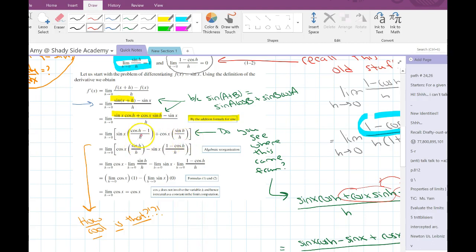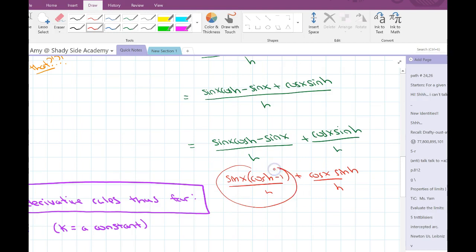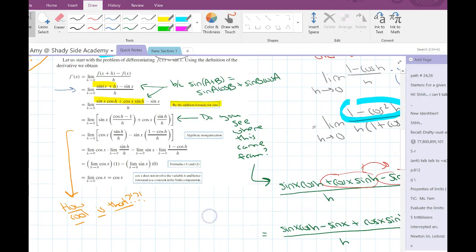Okay? I think the only difference here is that, see how I wrote it this way? This is, again, algebra and arithmetic, everyone. This is the same thing as just sine x times cos of h minus 1 all over h, because multiplying fractions, you don't need a common denominator, you just multiply across, okay? So that brings us to this line right here. Everyone good?